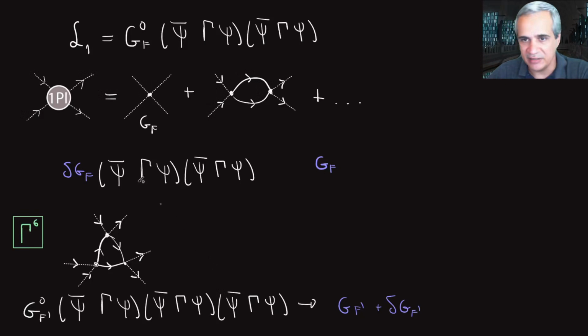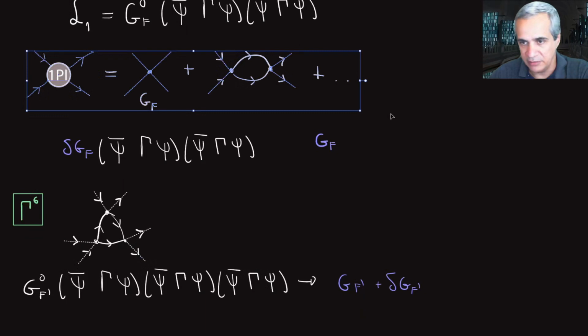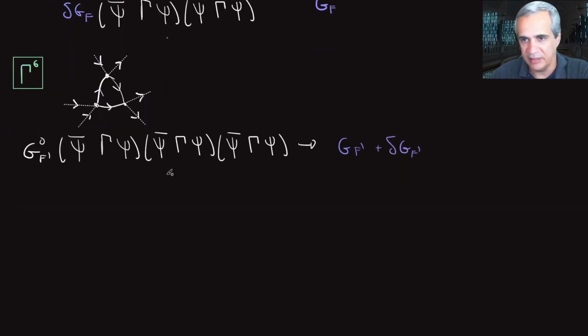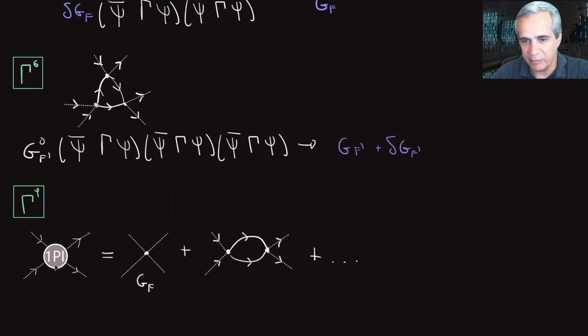And the reason is this new interaction that I put here, right, also contributes to the 4-point function, right? So if I go back, let me copy this. If I go back now to that series there, which is the 4-point function expansion, I can draw a new diagram here now.